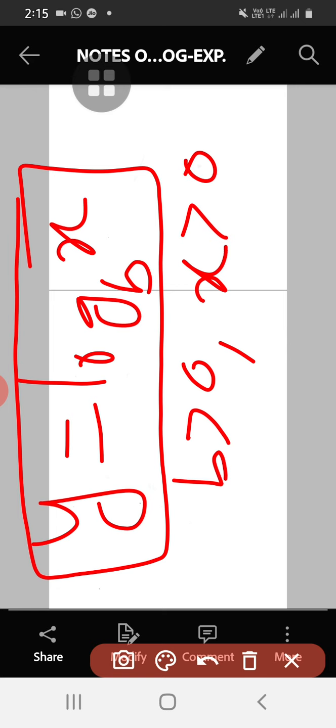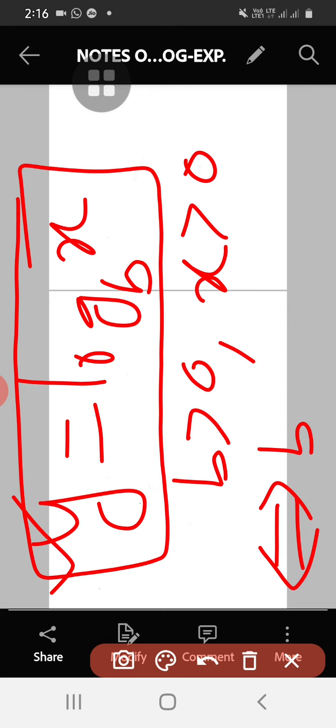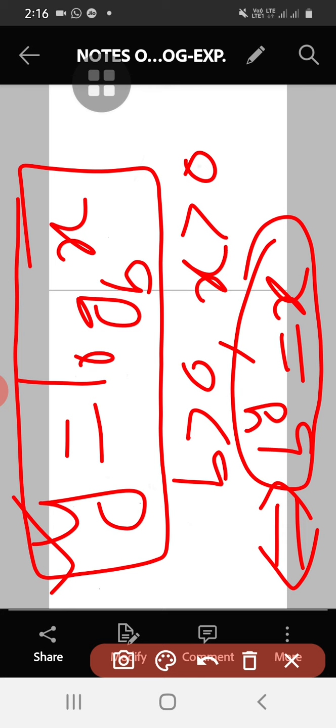These are the conditions on x and b. This type of function is called a logarithmic function, and we can write it in exponential form: b to the power of y is equal to x. All these things we learned in our previous class.